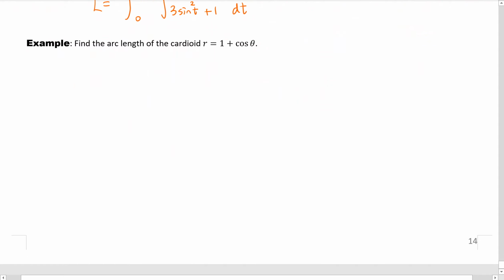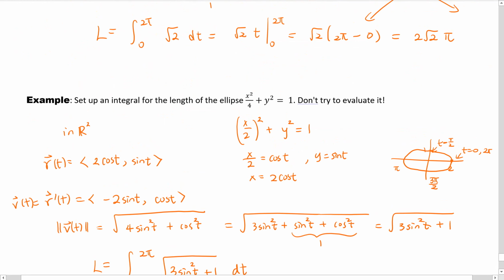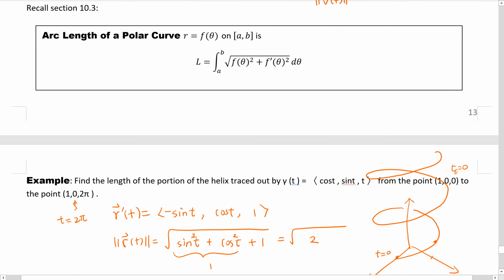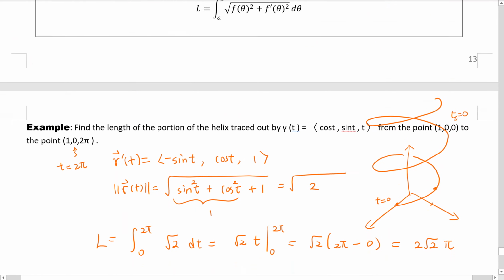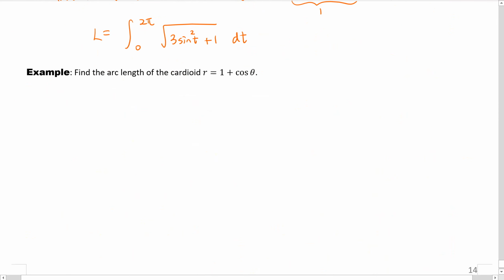Okay, next example, find the arc length of the cardioid r equals 1 plus cosine theta. So let's go back. What is the formula? Keep in mind, the square root of the function squared plus the derivative of the function squared. So here we have the function 1 plus cosine theta.